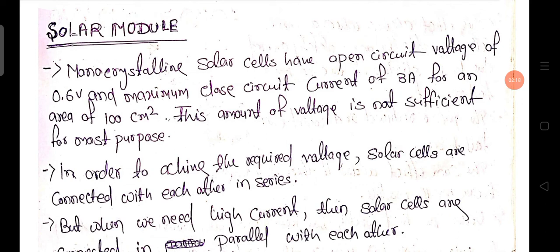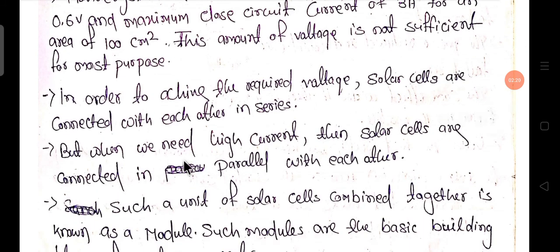But when we need high current, the solar cells are connected in parallel. Remember, in series the voltage is added and in parallel the current is added. So for higher voltage we add solar cells in series, and for higher current the solar cells are added in parallel.